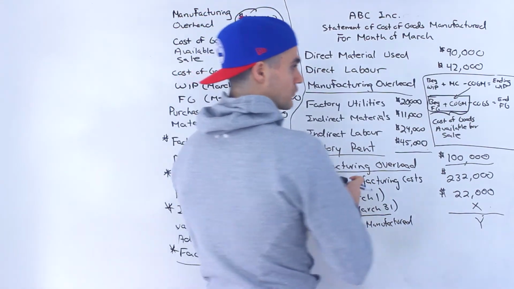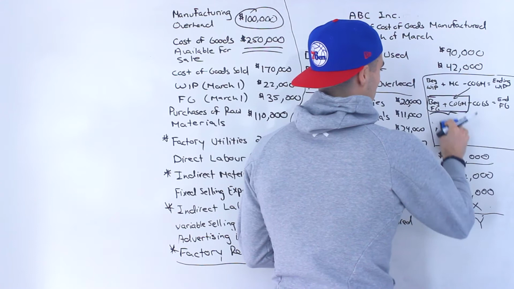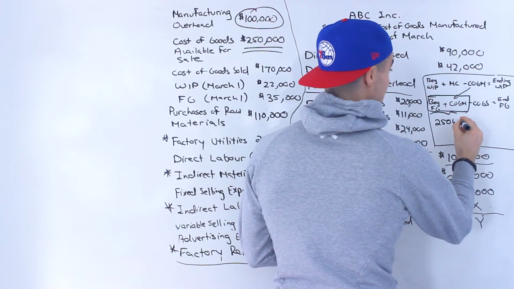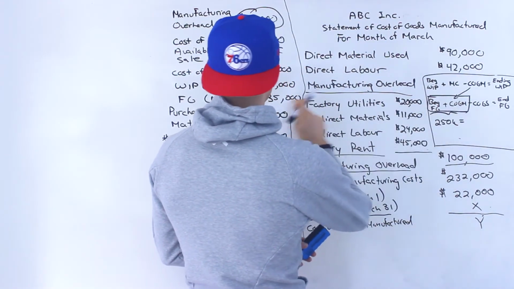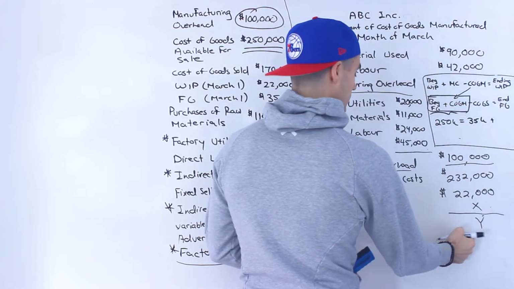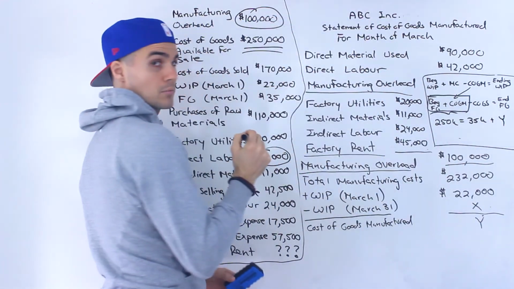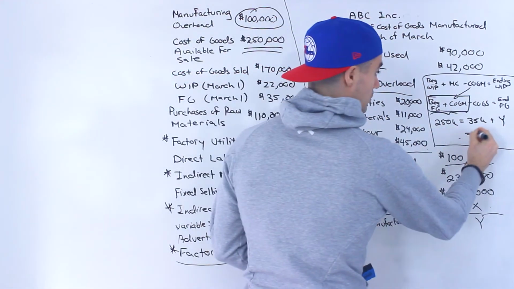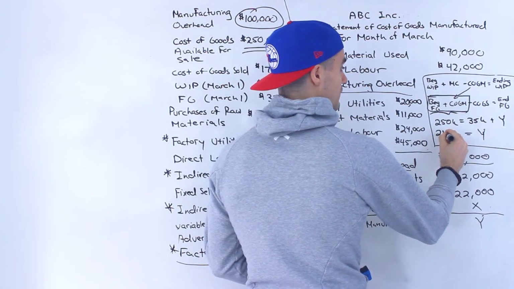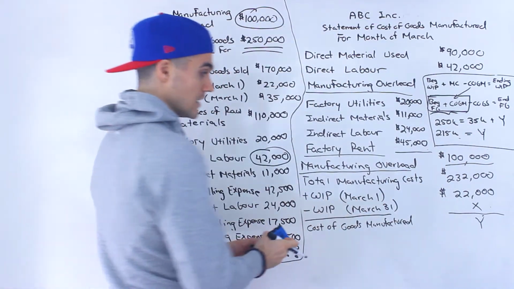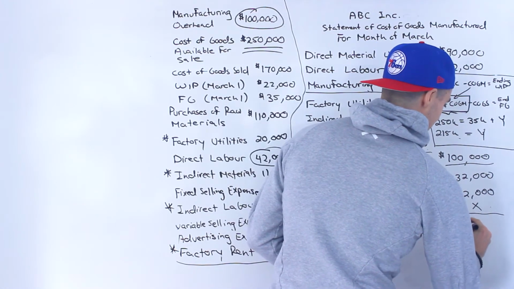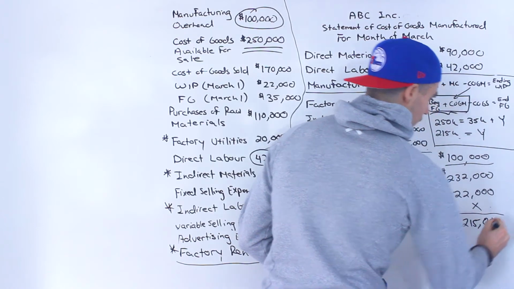So the cost of goods available for sale, the 250,000, I'm going to write 250K here, is equal to the beginning finished goods, which is 35K, plus that cost of goods manufactured, which we let be variable Y. And so we could solve for Y here, bring the 35K over, so 250K minus 35K would give us 215K, 215,000. So that's this number over here, this 215,000, is the final number on this statement of cost of goods manufactured.